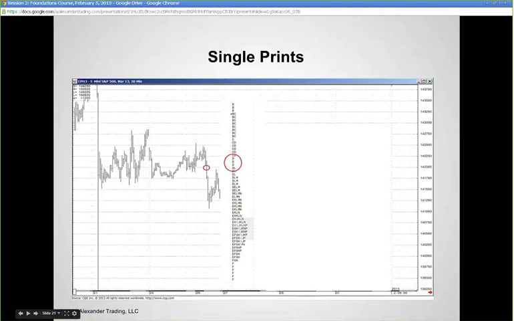So if you're fading a range in this market, just understand you don't want to give it much room above the previous day's high, or you're playing with fire. And I still think you're going to see some more wide range up days before this thing rolls over, which it invariably will.